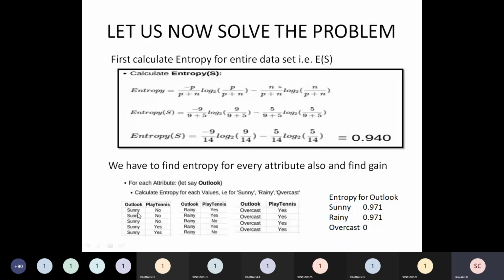Total number of records is 5. How many are positive examples? Only 2. How many are negative examples? 3. So we have to apply the formula.